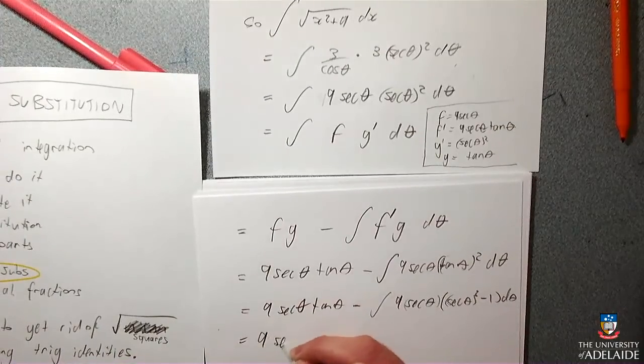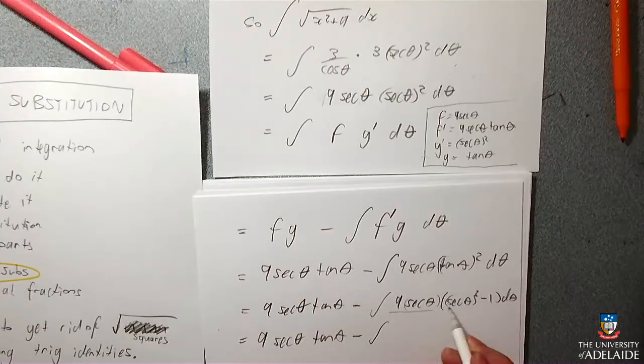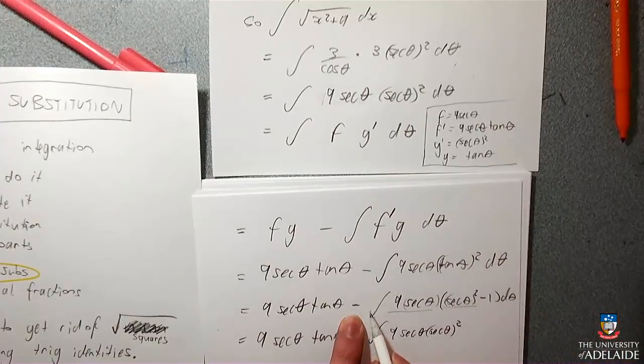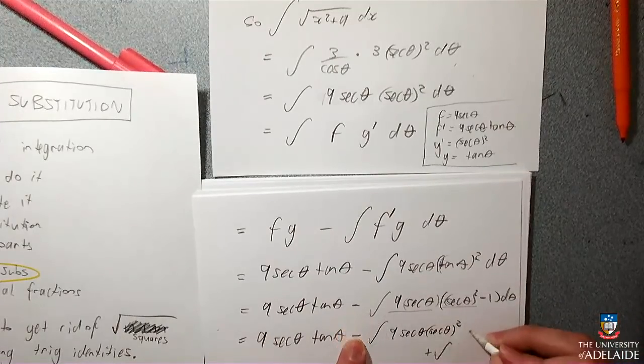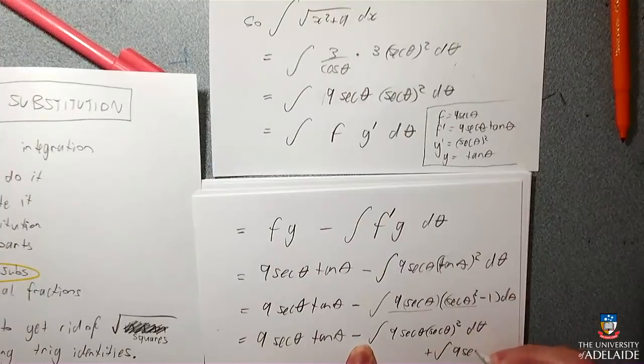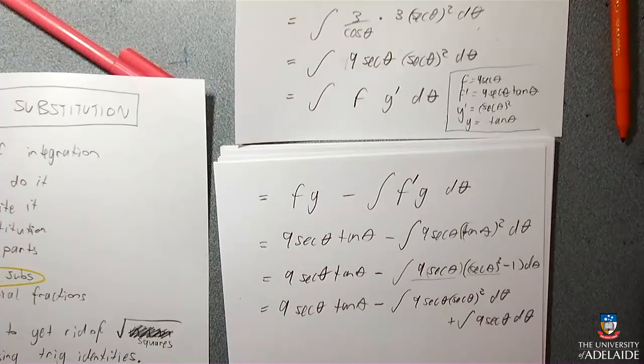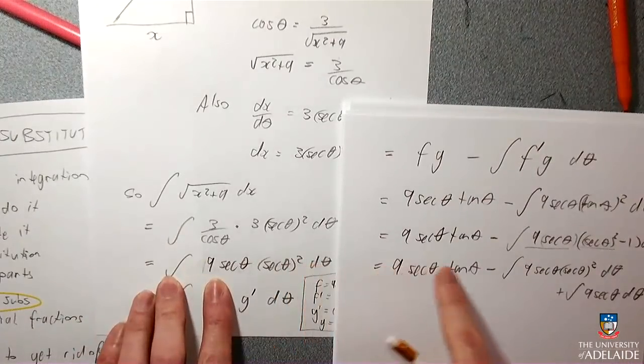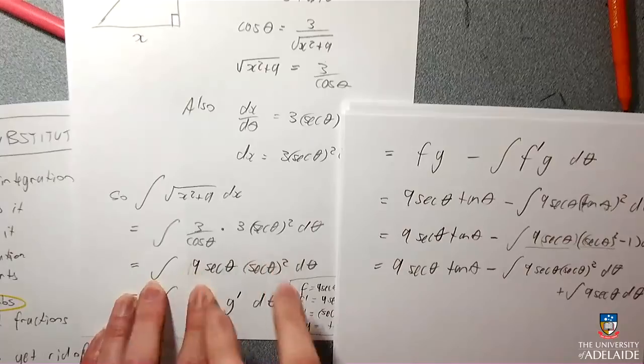Well, we have 9 sec theta sec squared, which is where we started, and then just plus 9 sec theta. So, nothing up my sleeves. This is equal to that. So if I put this over there, I'll have two of them.